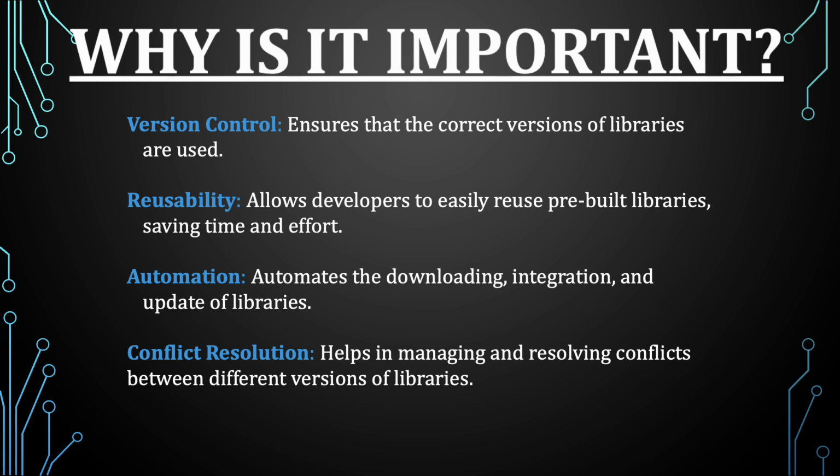Without proper dependency management, different developers or servers might run different versions of the same libraries, leading to unexpected behavior and bugs. Second, libraries and frameworks often release new versions that can introduce changes. Proper dependency management helps to lock the required versions of libraries, preventing unexpected issues when new versions are released.